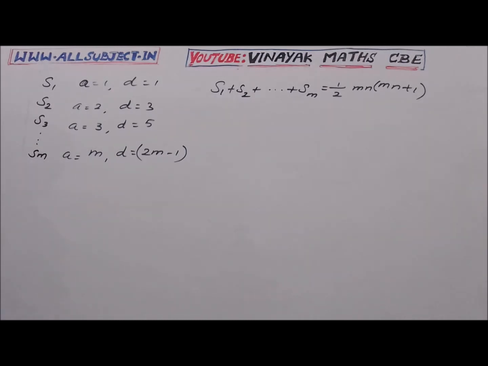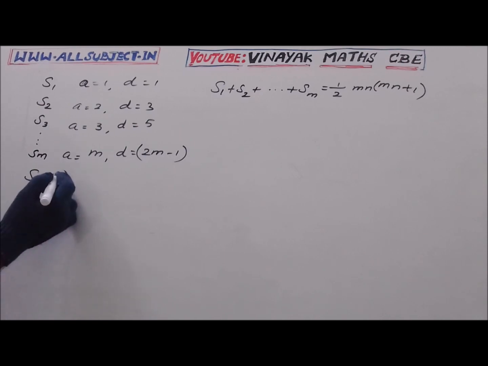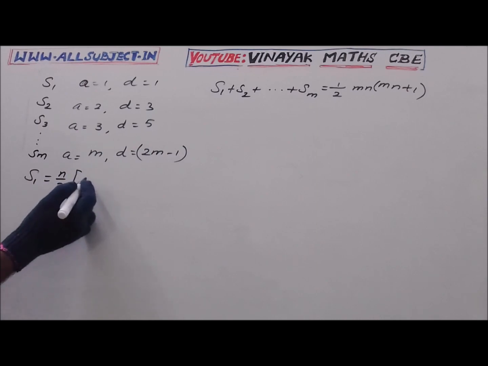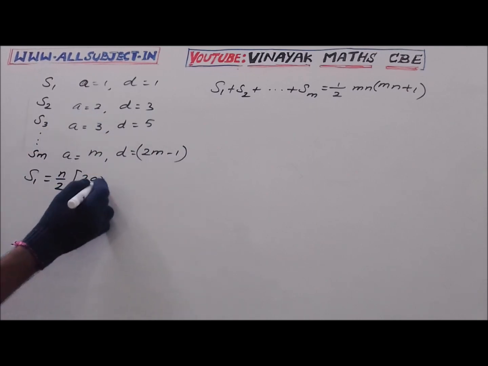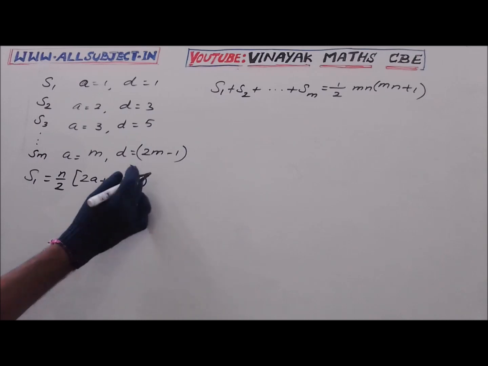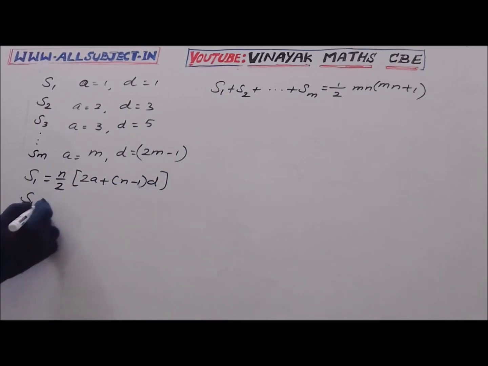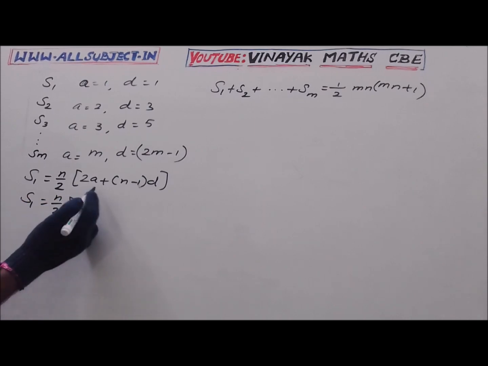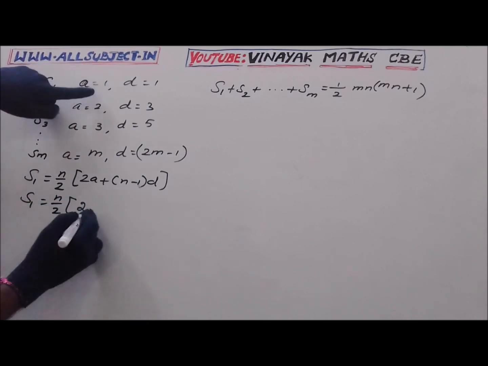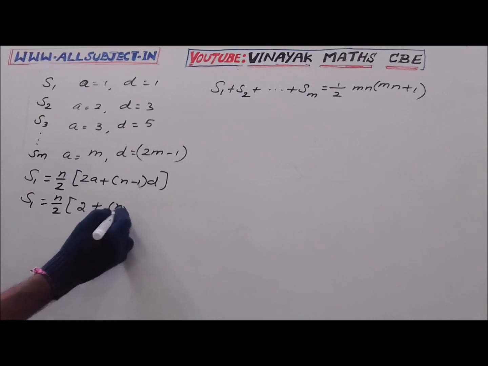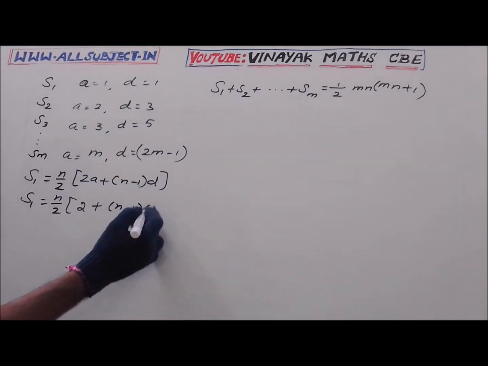Now for the first AP, S1 equals n by 2, n is unknown, into 2a plus (n minus 1) into d. Substituting, S1 equals n by 2 into 2 into 1, that is 2, plus (n minus 1) into d, and d is 1.